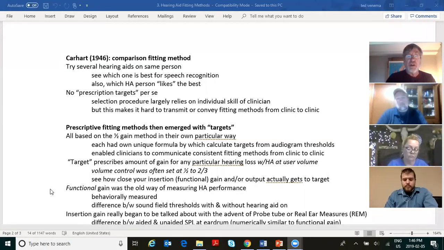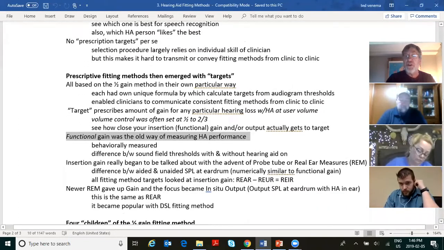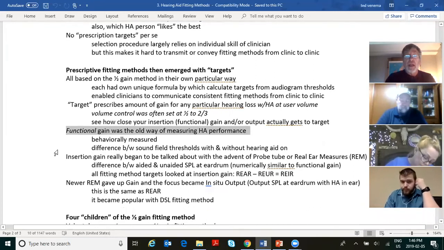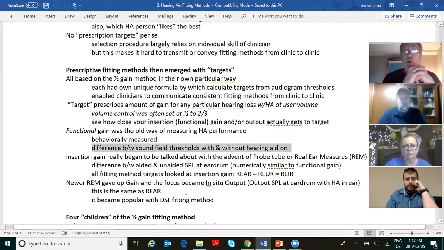So, and we talked about functional gain last week. That was the old way of measuring hearing aid performance. You did your thresholds, and then you did sound. What you did here is you did thresholds under headphones, and then you did thresholds in sound field with the hearing aid. So this statement is a little bit wrong. Right where you're seeing that grade out there is a little bit wrong, okay?